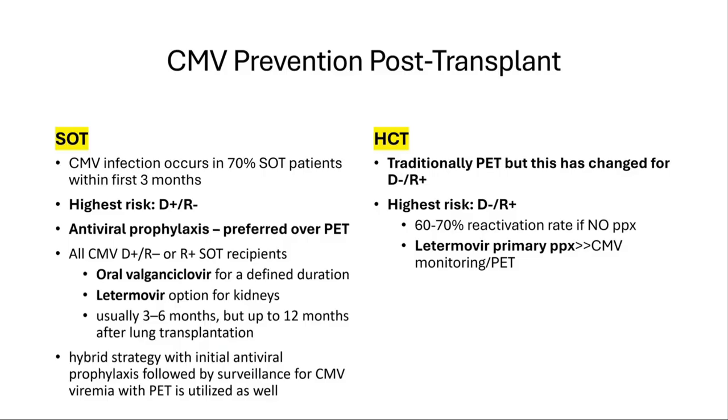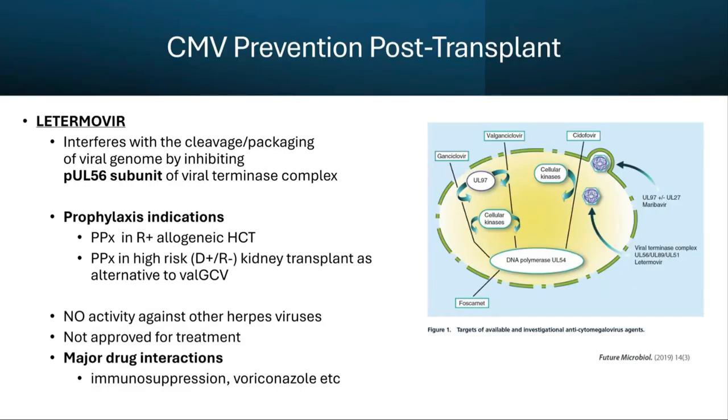And now it is recommended that your highest risk patients that are recipient positive receive letermovir for CMV prophylaxis post hematopoietic stem cell transplant. So these are the main differences.